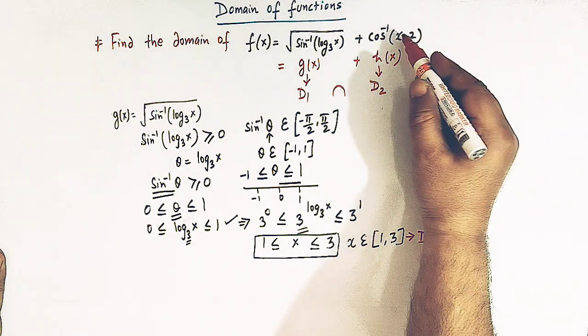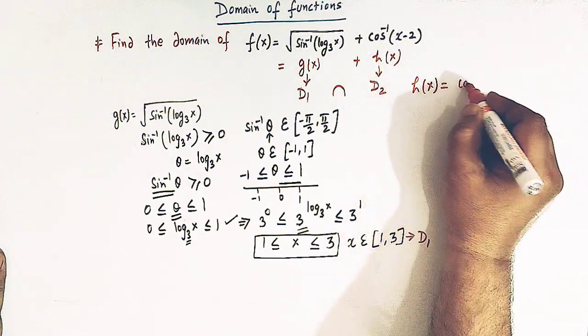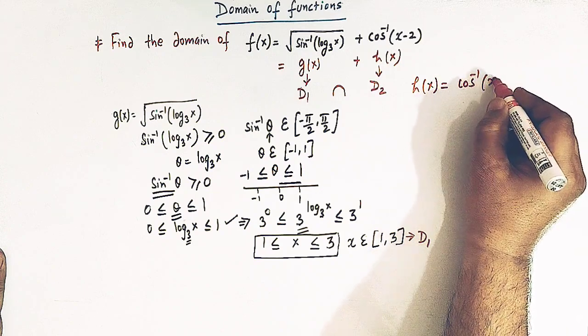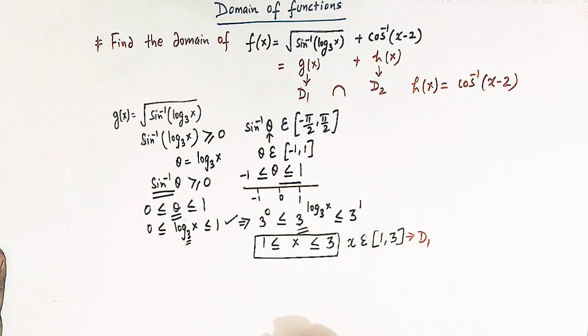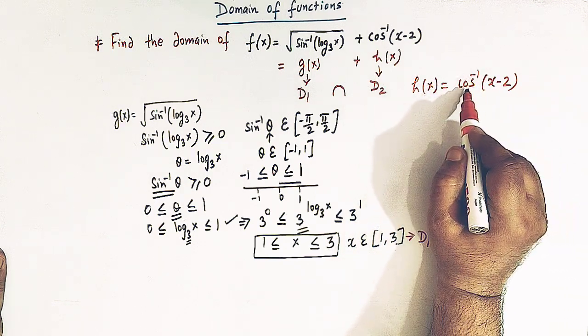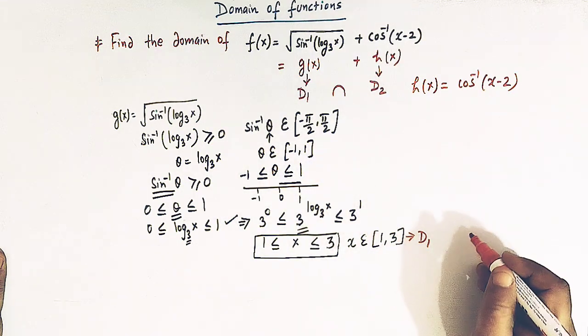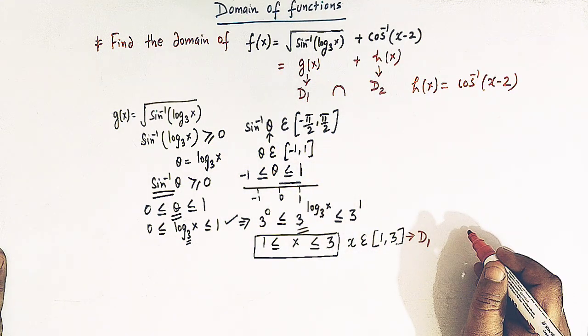Now let us consider this function, that is h of x, which is cos inverse of x minus 2, right? And here to obtain the domain of this function, we'll again make use of the concept of inverse trigonometric functions, right?